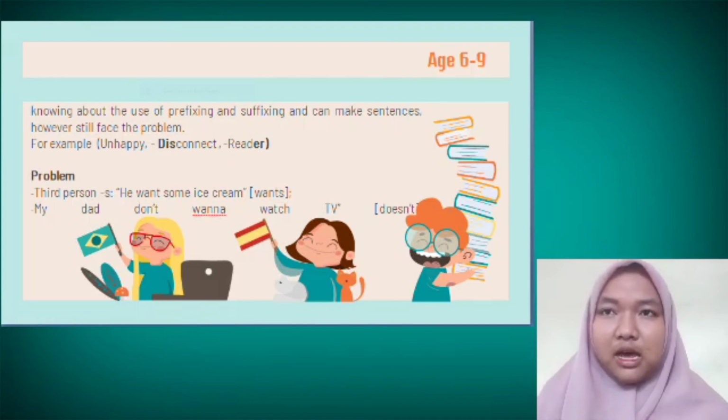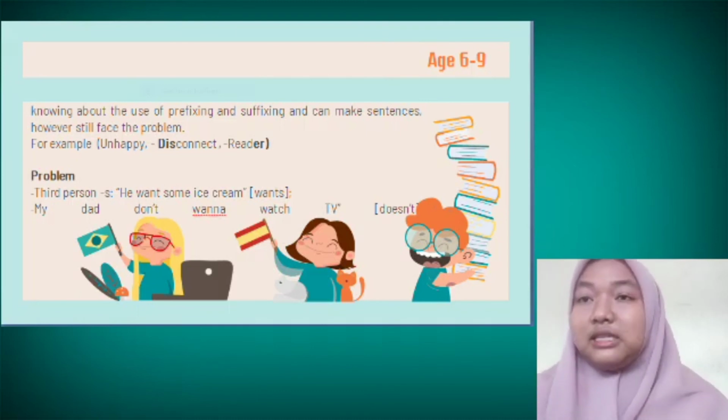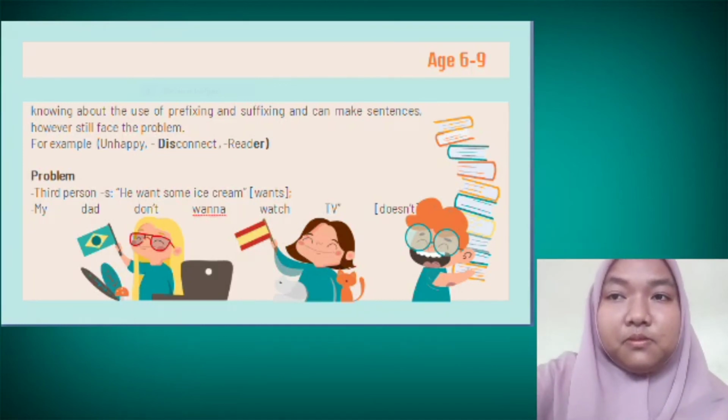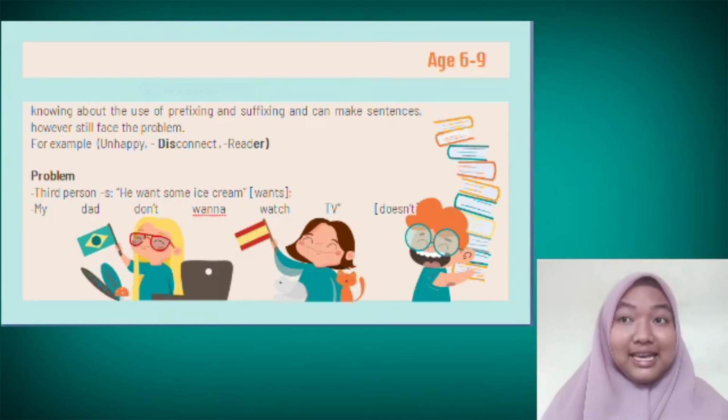For example, here, the use of the third person. Here you can see the example: he want some ice cream. Instead, it should be he wants, with s at the end.